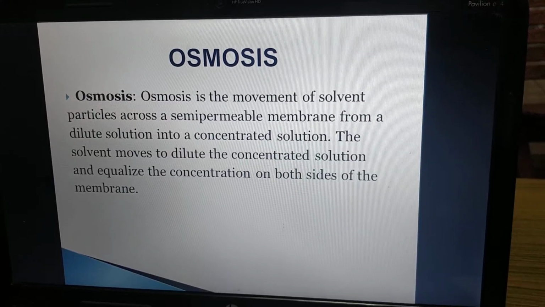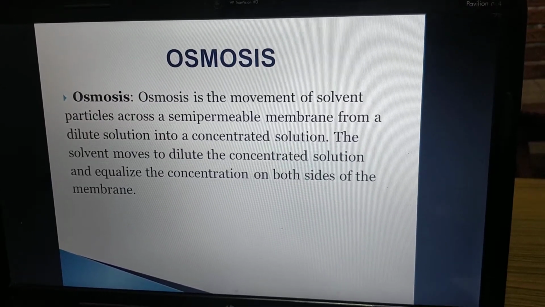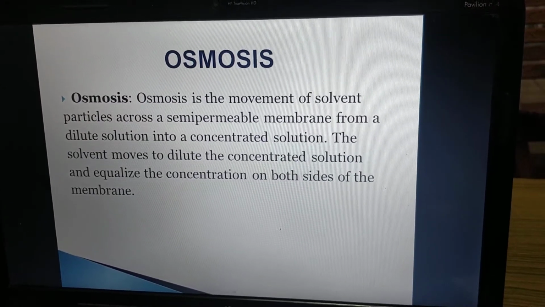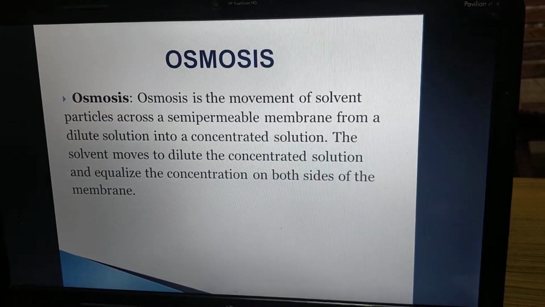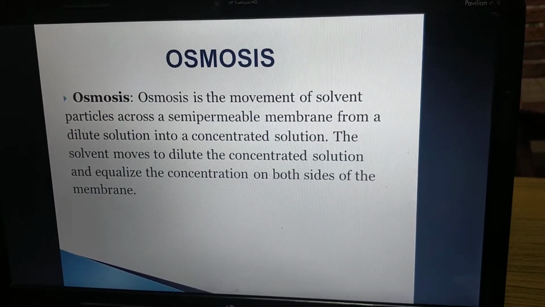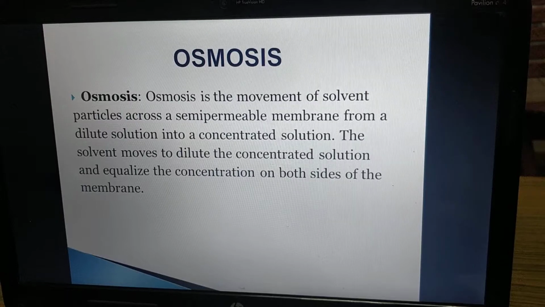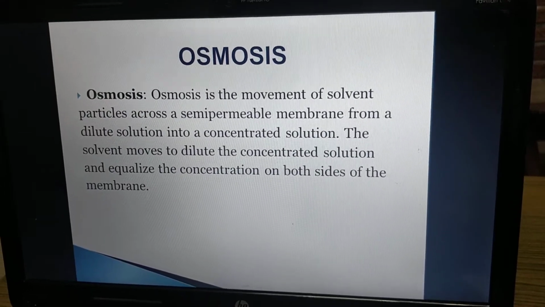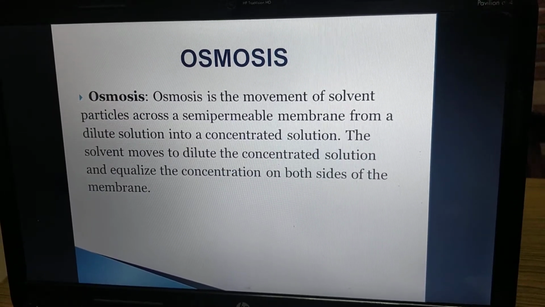Or we can say movement of water from the region of high water concentration to the region of low water concentration through a semi-permeable membrane or selectively permeable membrane.